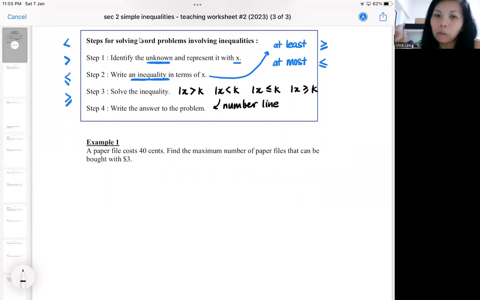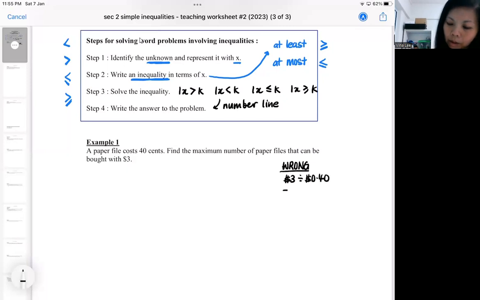So don't go and do the primary school method. A lot of you, if you don't know how to do it, this is what you will do: you will just do this, and then you press calculator. I know what you're trying to do. So he can buy 7 files.